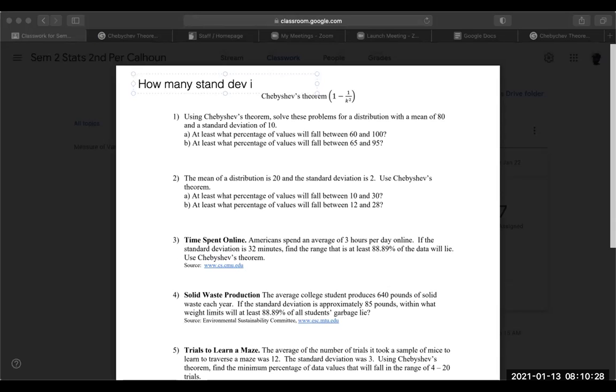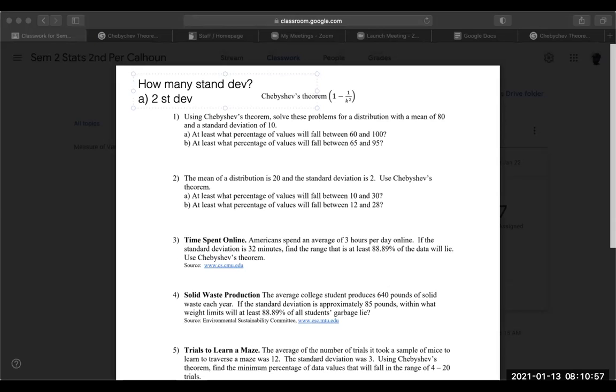From 60 to 100, with a mean of 80 and a standard deviation of 10, for part A, that is 2 standard deviations.